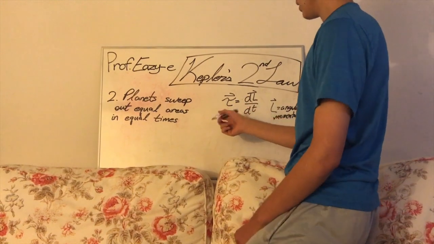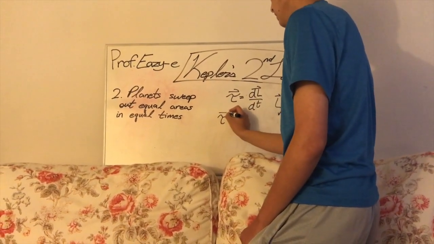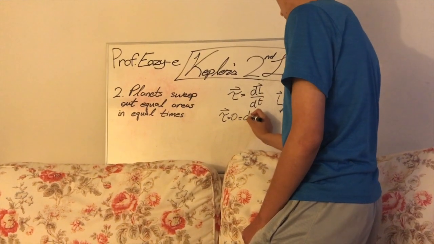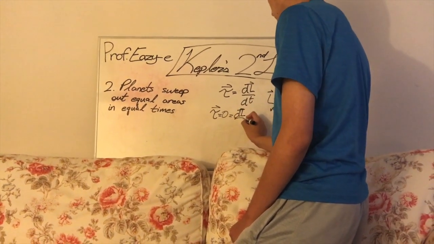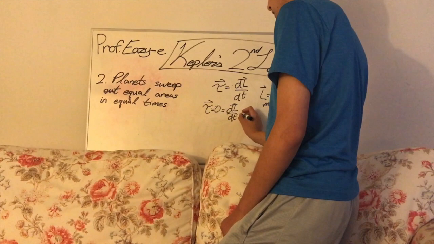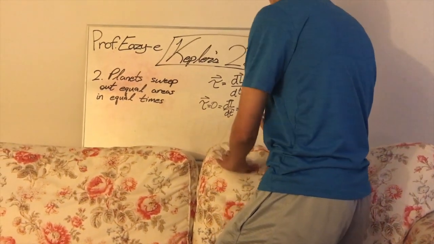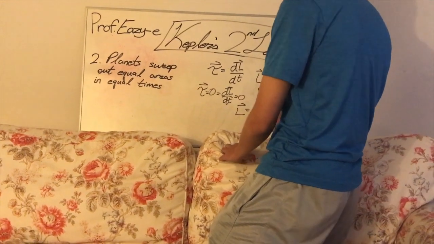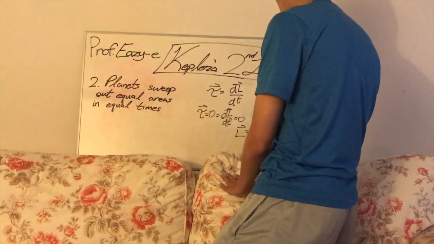As we stated before, torque in this case would be 0, which means that dL/dt is also 0, and this means that L everywhere across the orbit of a planet would be constant.